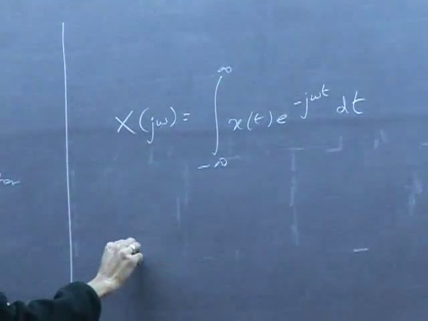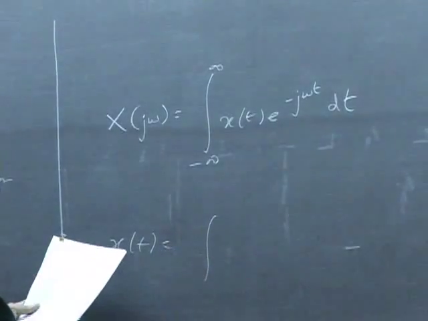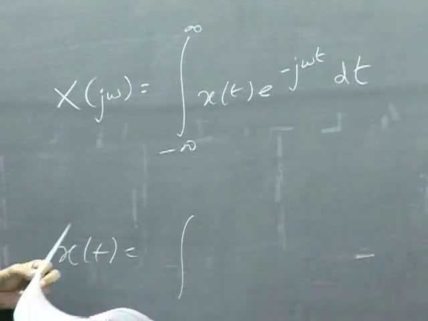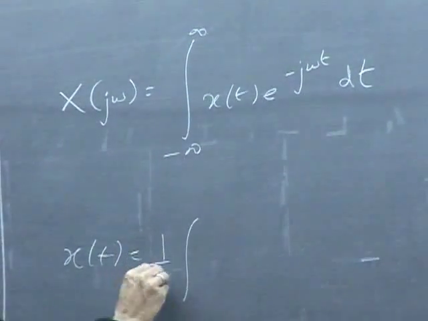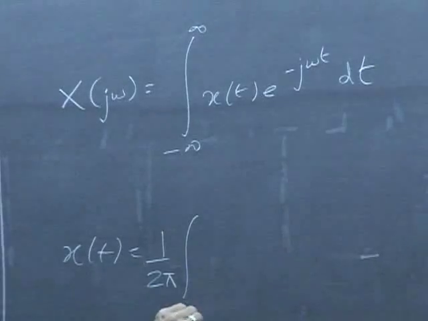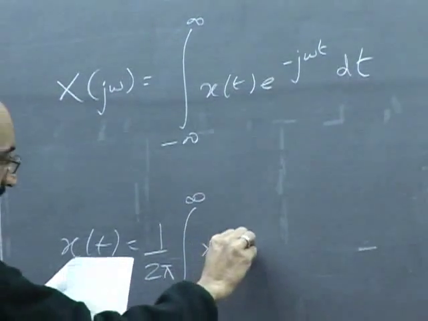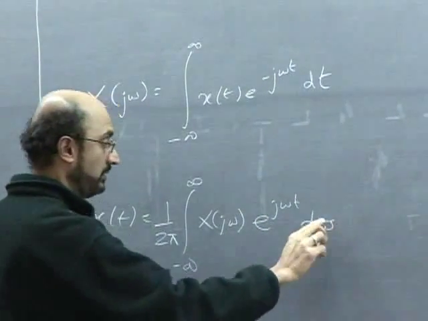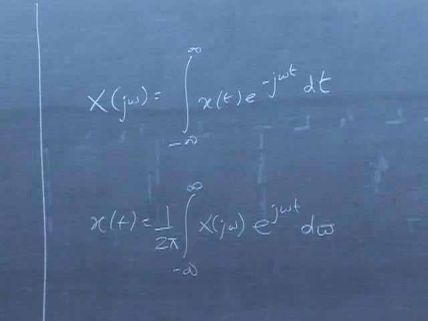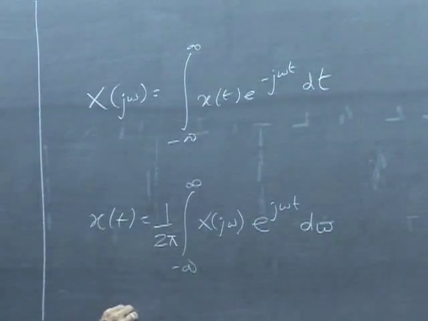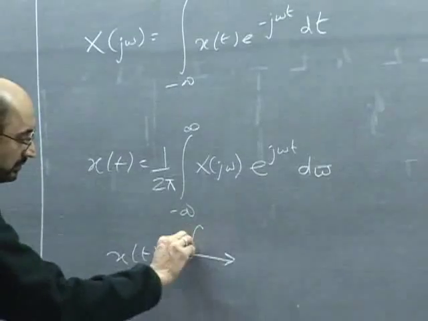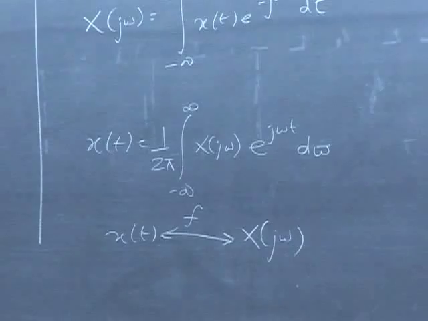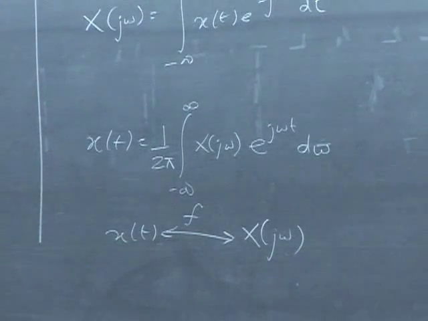And then the inverse transform is given by x of t equals, sorry, it's going to be a 2 pi factor over here, 1 over 2 pi times the integral from minus infinity to infinity of X of j omega e to the j omega t d omega. Okay, so that's the forward and reverse transform, and we write this pair as x of t and X of j omega, and this basically summarizes what we talked about last time.